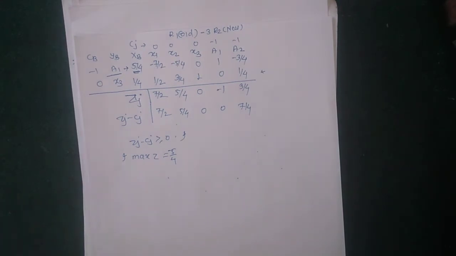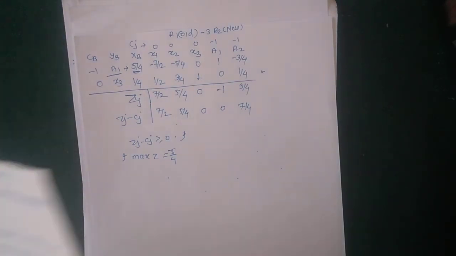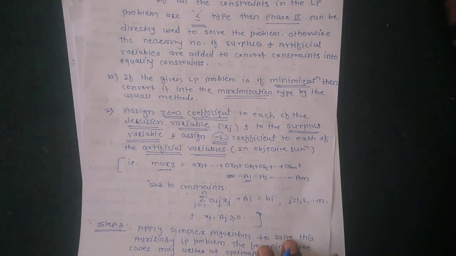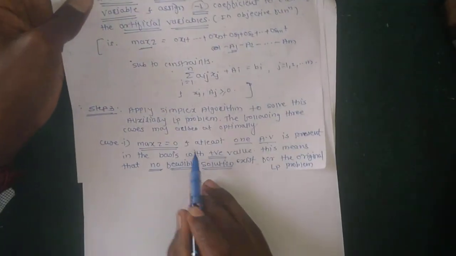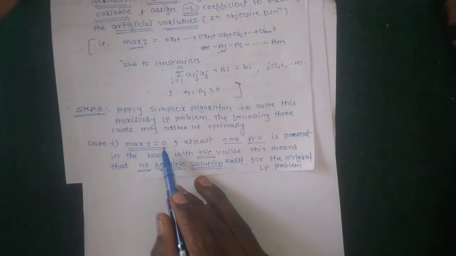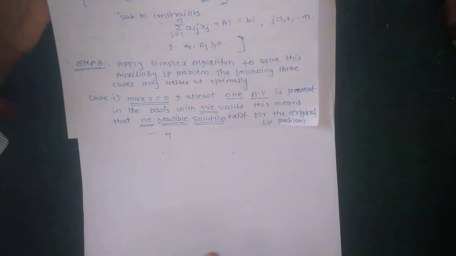This means that the given LP problem has no feasible solution. Okay, because the artificial variable is not at 0 level, and maximum Z is less than 0.